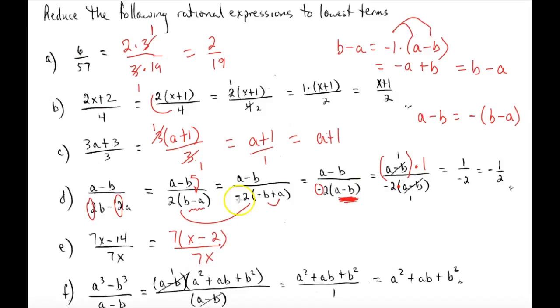Okay, so for our next example, we'll factor out the greatest common factor, which is 7. And if you notice here, we have 7s that are common factors in the numerator and denominator. So we will reduce those to 1, and we just have x minus 2 over x as our answer. Please note that this is the final answer, meaning that this particular rational expression is in its reduced form, or lowest terms.